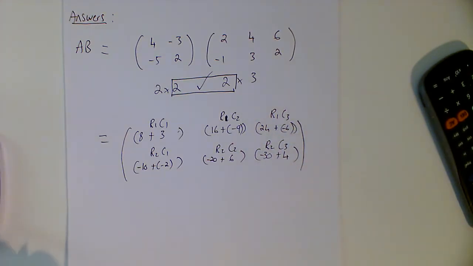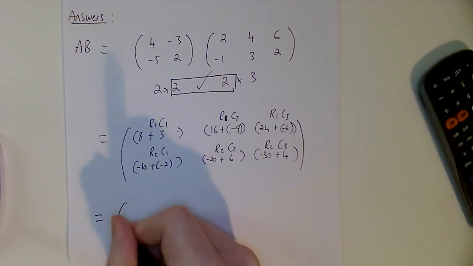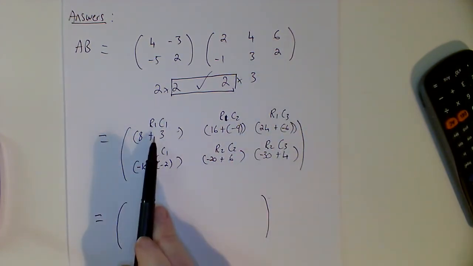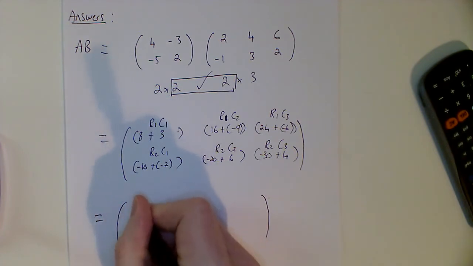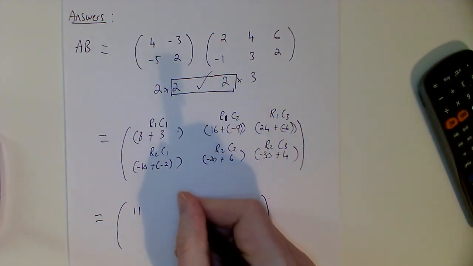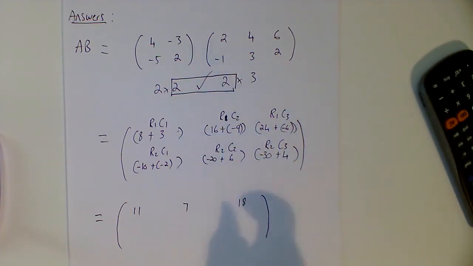So hopefully you can see that. I know the setup kind of makes things not as clear, but it avoids any mistakes. So all I'm going to do is work out each sum in a bracket. So 8 plus 3 is 11. 16 plus negative 9 is 7. 24 plus negative 6 is 18.